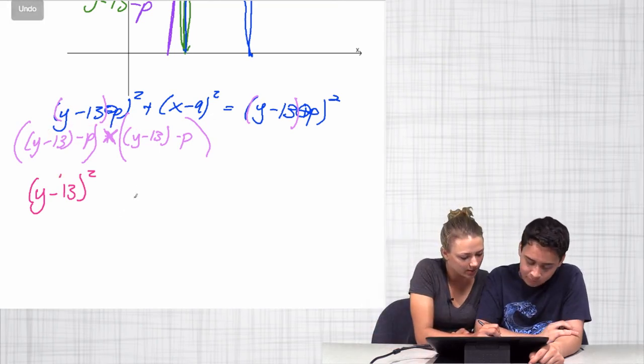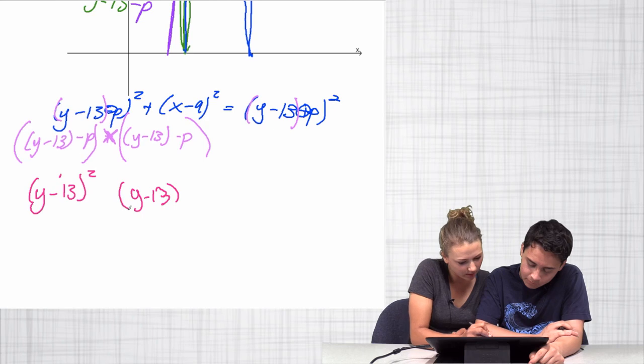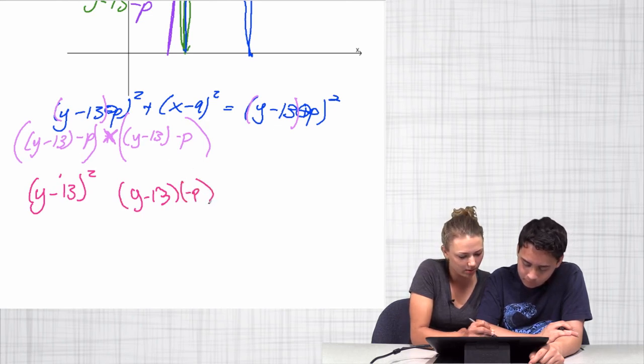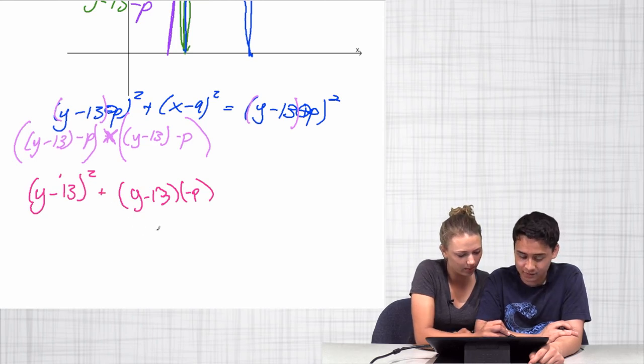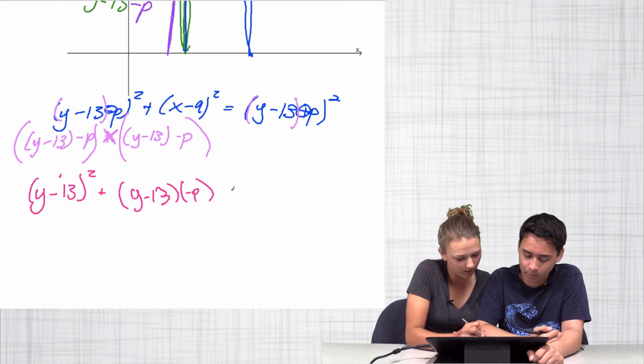So it'll be the y minus 13 times the p now, right? So times negative p. And this is adding together, right? Because it's going to be that one and that one, to that one and that one. But then now it's going to be the negative p times y minus 13.